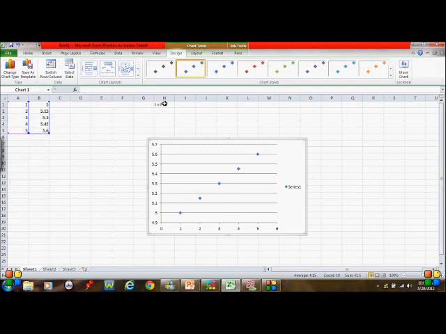Okay, so I pretty much created an arithmetic sequence here: 1, 2, 3, 4, 5. For example, the initial value was 5, and then you add 0.15 each time. So 5.15, 5.3, 5.45, and 5.6, same thing we did over there.